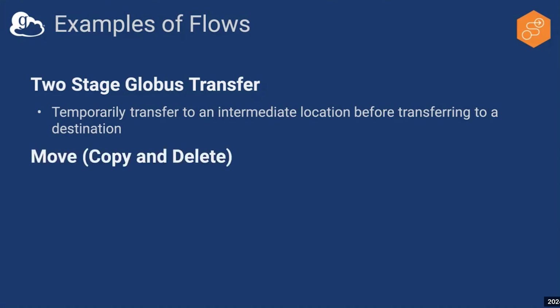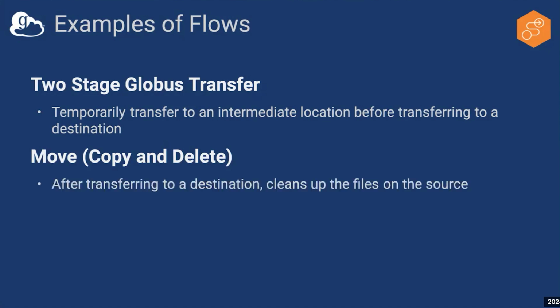Another case that we've handled through a Globus provided flow is move. In transfer, you have the ability to copy, you have the ability to delete, but transfer doesn't compose them into a single operation that cleans up the source after successfully transferring to the destination. That's something that we provide in a Globus provided flow. Similarly, we've added transfer and set permissions.